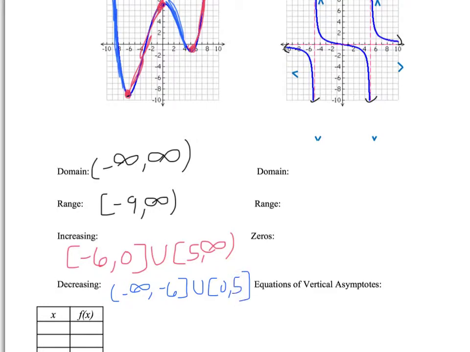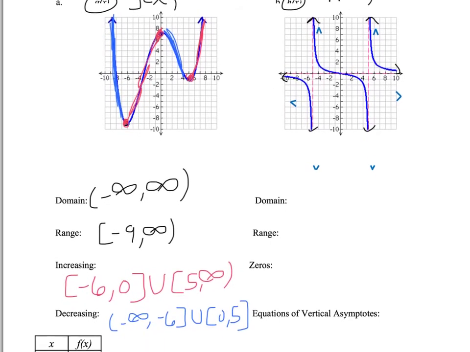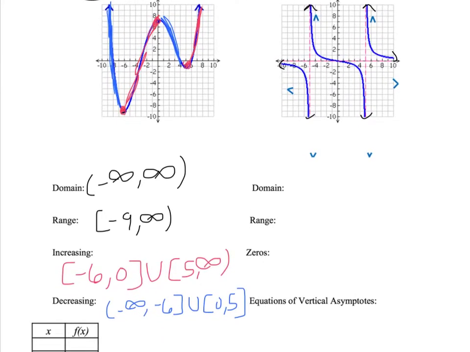Great, now let's look at this other function, this h of x function. First of all, there are two infinite discontinuities. There are two vertical asymptotes. One is at x equals 5, and the other is at x equals -5. Those are the equations of the vertical asymptotes. That means that 5 and -5 will not be in the domain of this function.